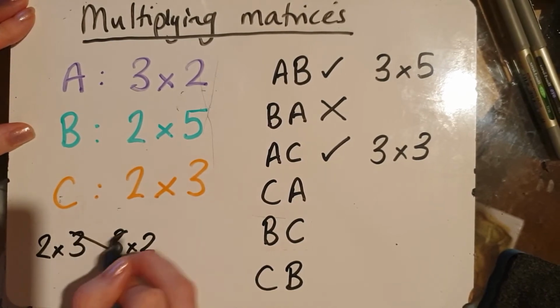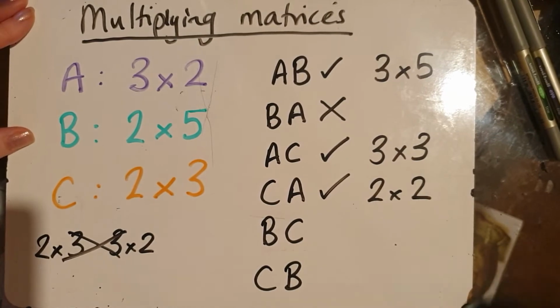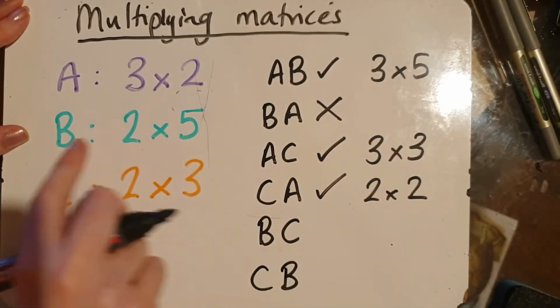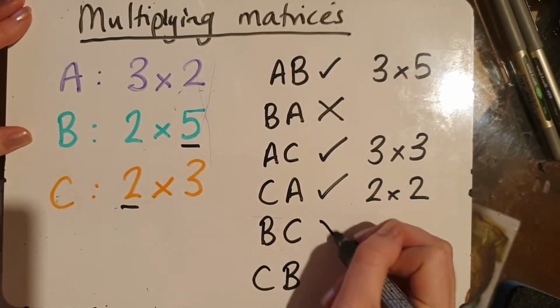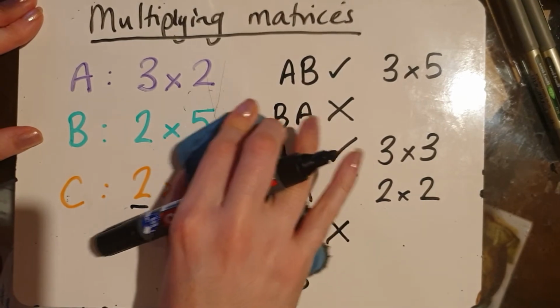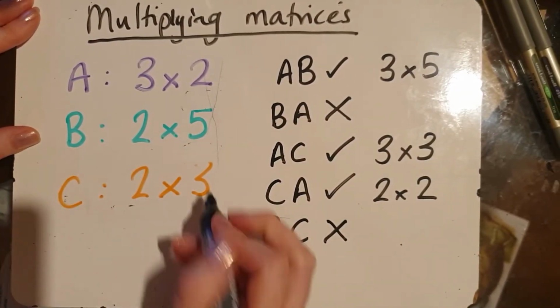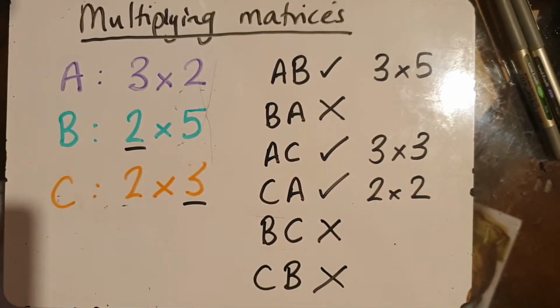These two match, and I'll be left with a 2 by 2 matrix. B times C. These two numbers do not match, so I cannot do it. C times B. These two numbers do not match, so I cannot do it.